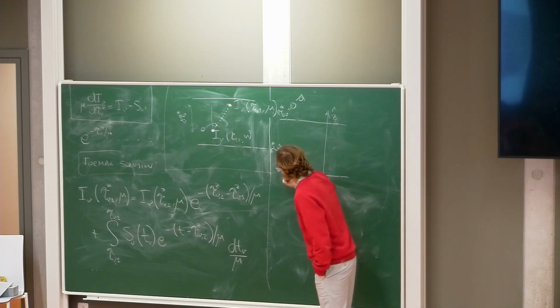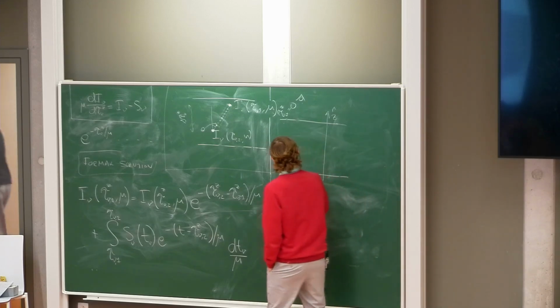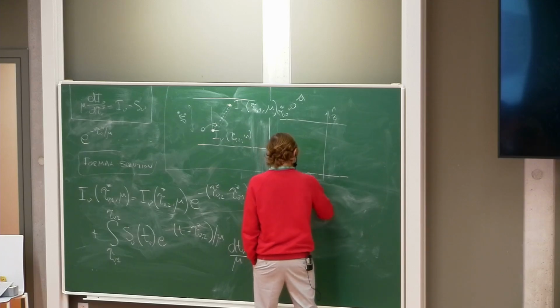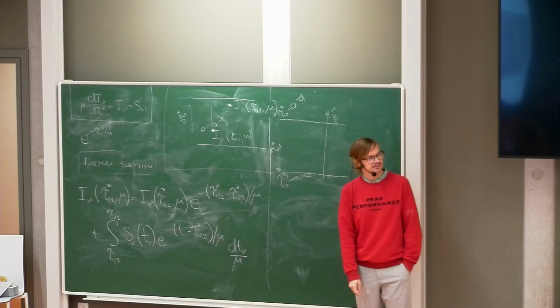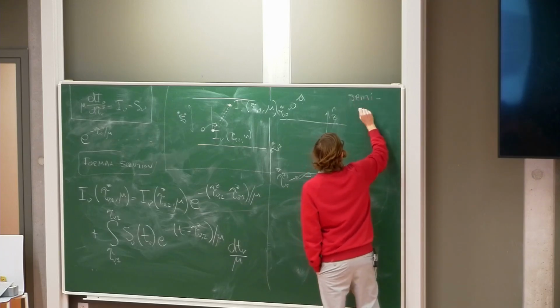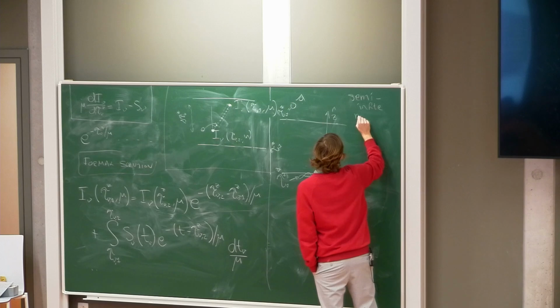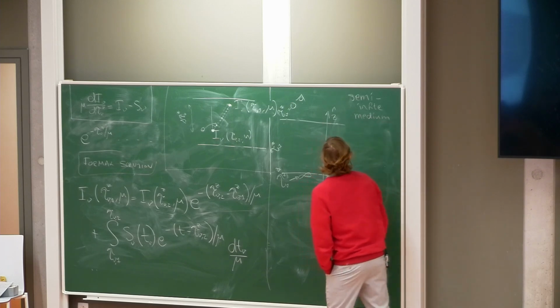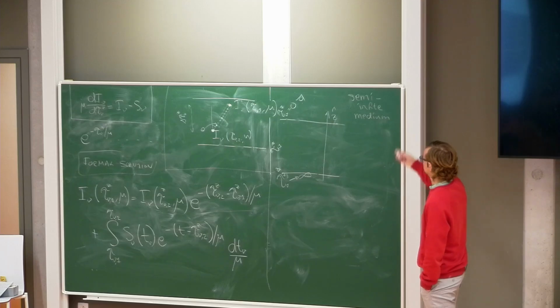So down here, when we move, then actually tau nu of c, we can take it as going to infinity. This is called the semi-infinite medium or atmosphere, since that is where it is classically derived from in this context.